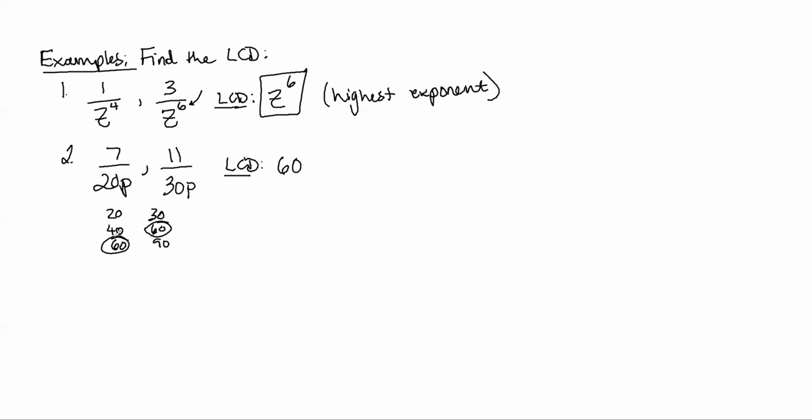All right, so we're done with the coefficients here. Now, if we look at the variables, we have a p in each of these. So the most number of p's we have in one fraction, well, we have 1p here, 1p here. So our LCD needs only 1p. That is the most we have in one fraction.